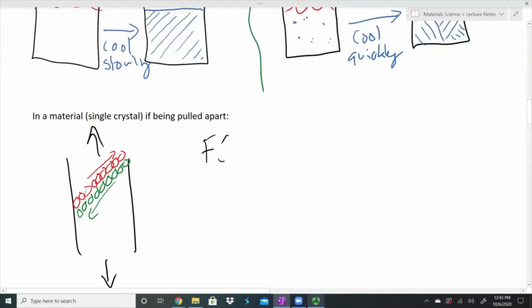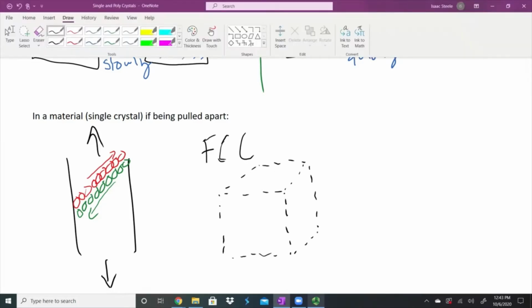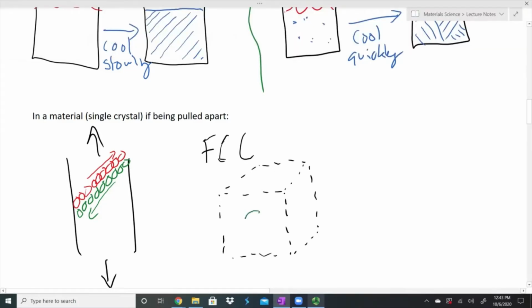And we could look at our unit cell for that. Let me see if I can draw it real quick. We have the unit cell, we have atoms in the center. Those should be touching.